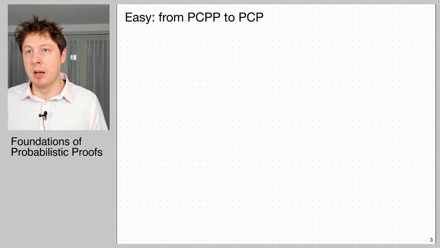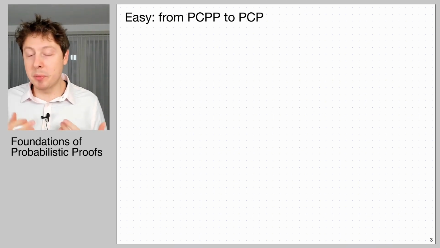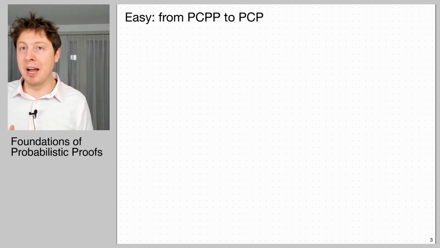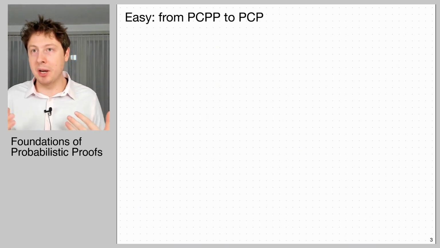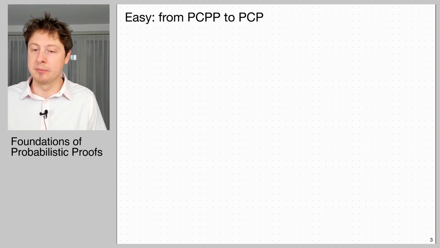But even though PCPs of proximity are syntactically different than PCPs, I want to convince you that there is a very clear sense in which they're stronger notions. And so we will have to work at least as hard as constructing a PCP. That means that, if anything, we have to start from where we left off and continue from there.